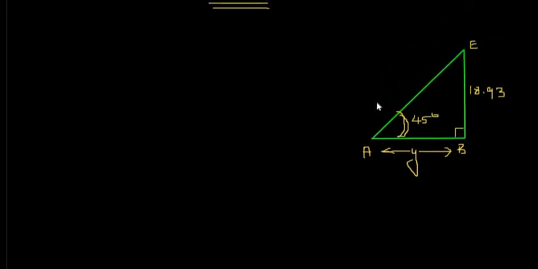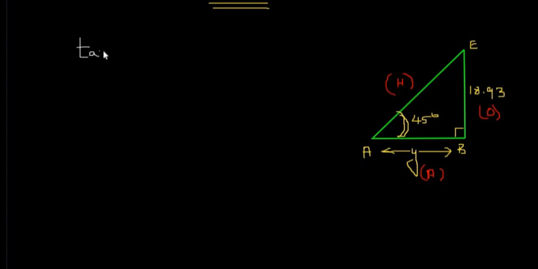Let us first start marking the hypotenuse. This is the hypotenuse, this is the opposite, and this is the adjacent. Since the hypotenuse is not given, there is no need to use sine and cosine. So here also we can go ahead and use the tan.